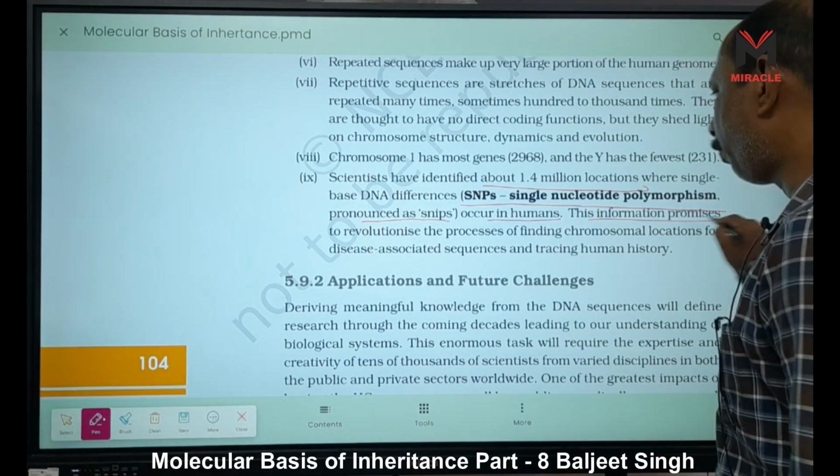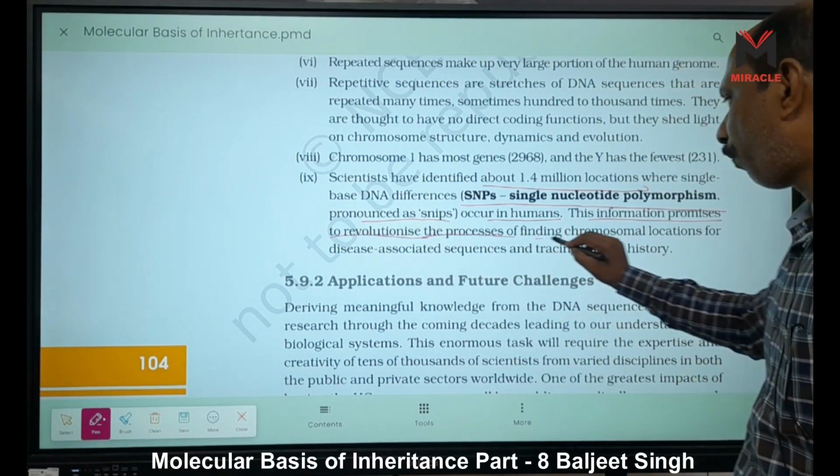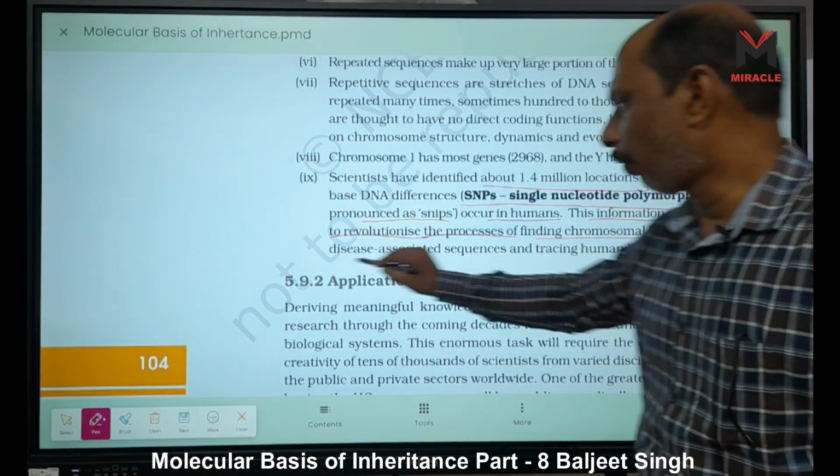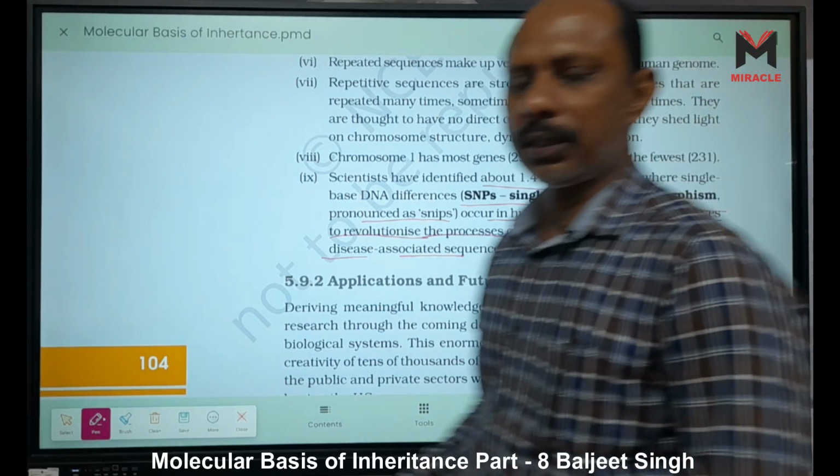This information promises to revolutionize the process of finding chromosomal locations for disease-associated sequences and also tracing human history.